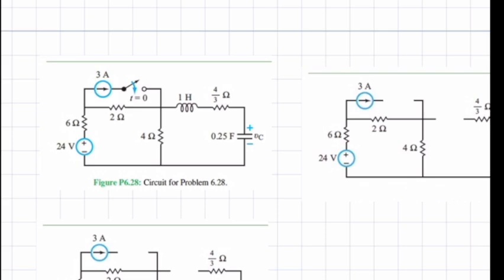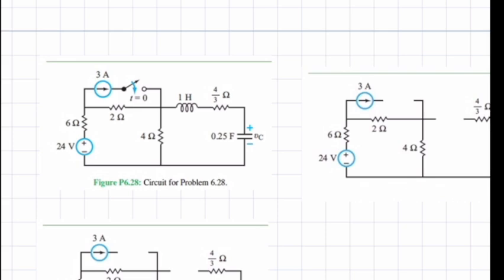I think it's 24 volts across the capacitor, right? It's just the voltage across 4, so 4 over 3 plus 8. So the voltage across the capacitor is 8.